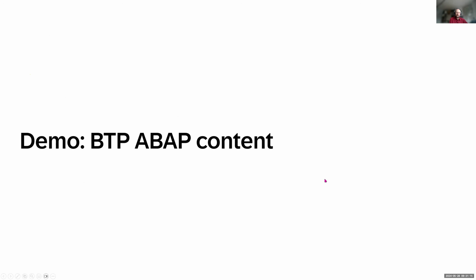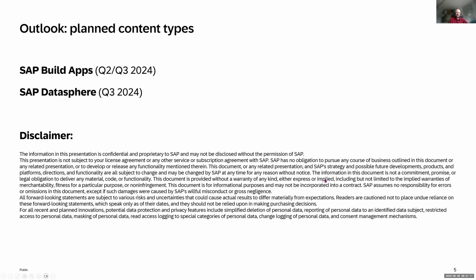Just as an outlook, these are the next on our list. We have planned to enable SAP Build Apps, formerly known as AppGyver, I think. That was planned for Q2, but let's see if it really works out that way. Could also be Q3. And we have SAP Datasphere.